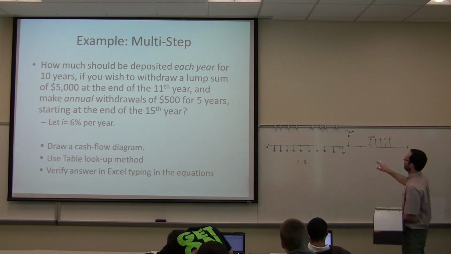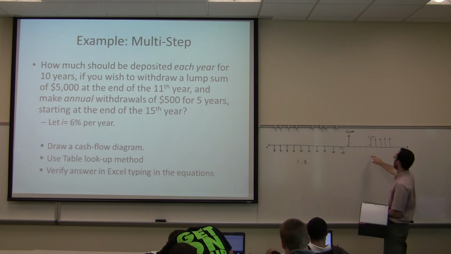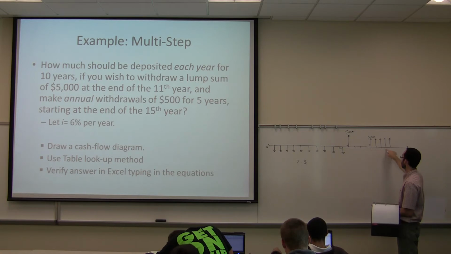We want to withdraw $5,000 at the end of year 11, and annual withdrawals for 5 years of $500 starting at the end of the 15th year. So 1, 2, 3, 4, 5.